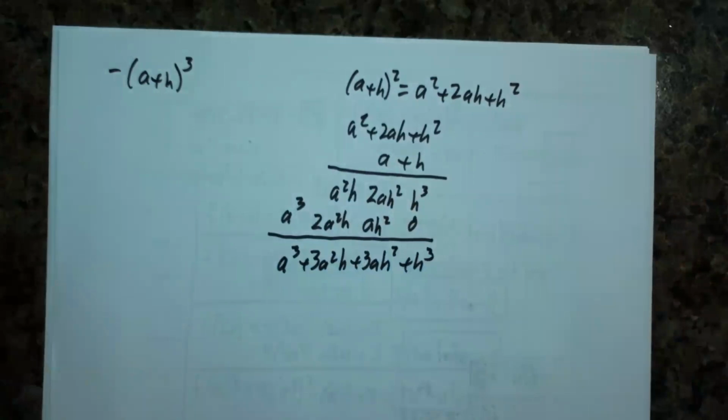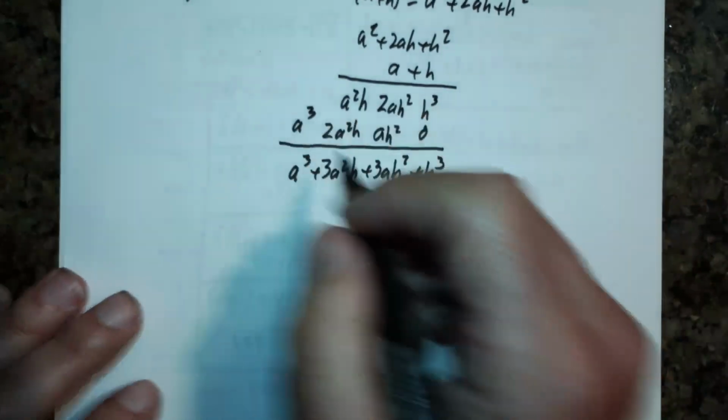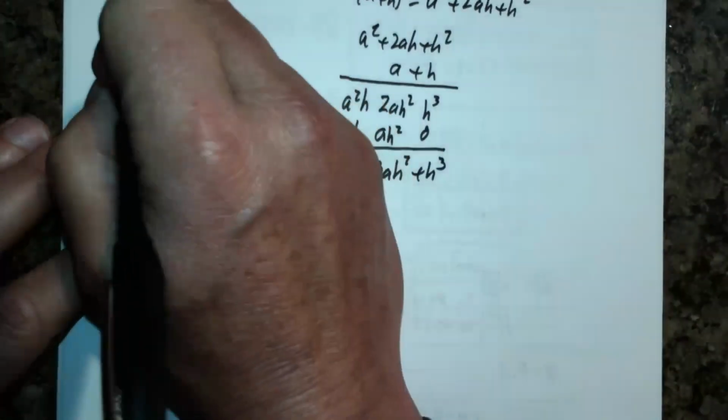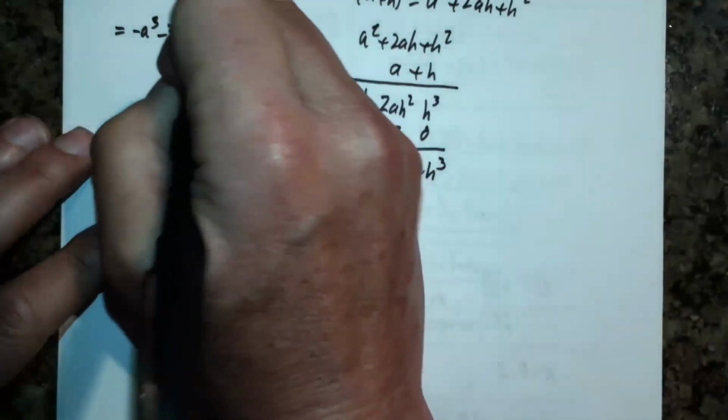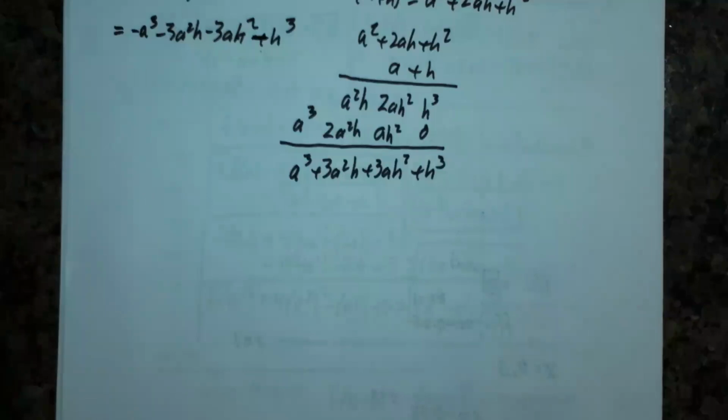Okay, so now we have that. And then the negative version of this is going to be negative a cubed minus 3a squared h minus 3ah squared plus h cubed. Minus, they're all minus.